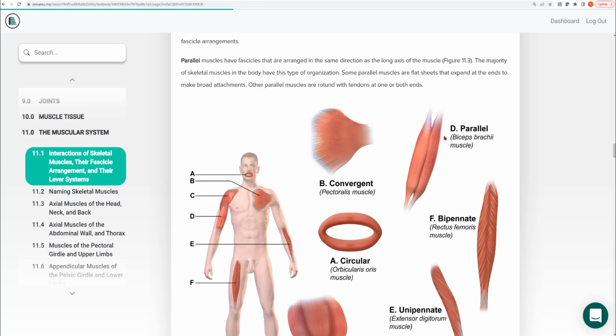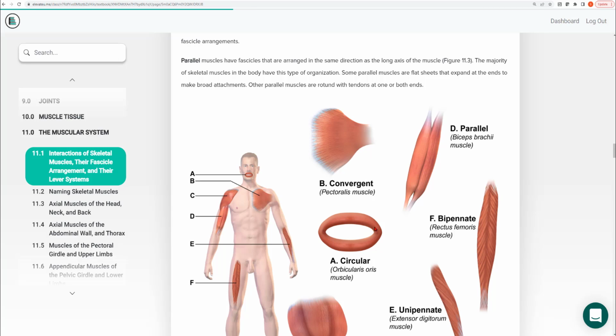A good example of that is the biceps brachii. Some of your fascicles are convergent. The pectoralis major is a good example of that. So what you see is that all of the fibers are converging onto a tendon that's in a more localized place. These are typically triangular shaped muscles.